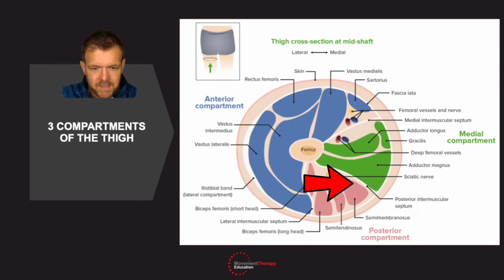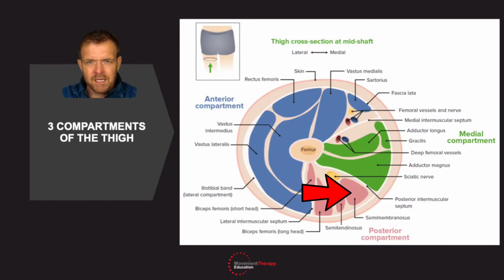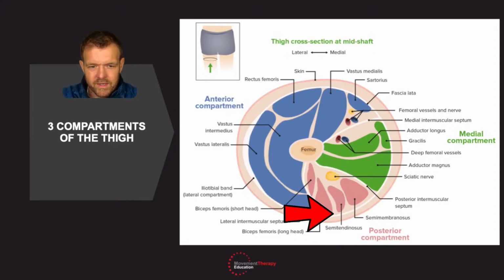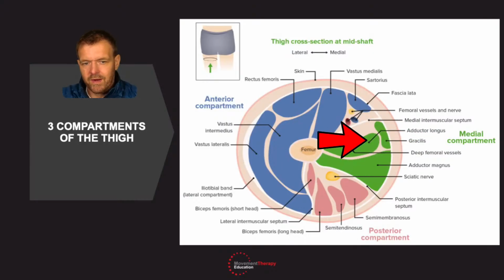This bit here, which is pinky, I think it's pink, I'm a bit colourblind, so I see it as pink, this is the posterior compartment, and that posterior compartment has got the sciatic nerve in it as well. That's these muscles all here, and we'll look at all the muscles in their compartments. This one here is the medial compartment, and that's the green zone there. So this is where all your adductors live, around here.